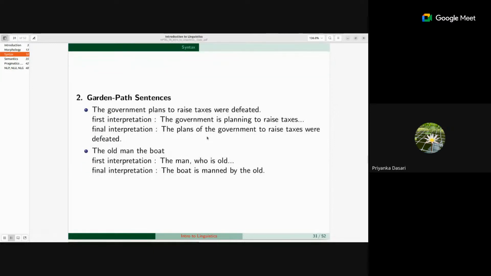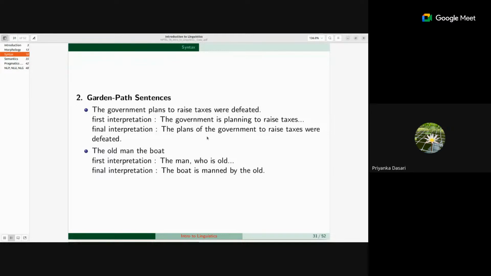Garden path sentences: "The government plans to raise the taxes were defeated." When you start reading the sentence, the first interpretation is that the government is planning to raise the taxes. But by the time you finish the sentence, your final interpretation is that the plans of the government to raise the taxes were defeated.